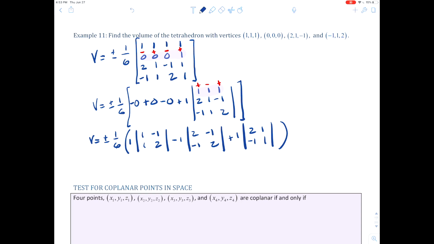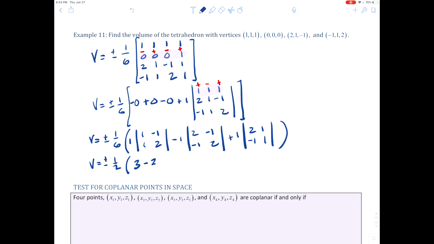Cool, cool? So our volume will be plus or minus 1/6 times, that'll be 2 plus 1 is 3, and then minus 4 minus 1 is 3. So we'll have a minus 3. And then plus 1 times 2 plus 1 is 3.